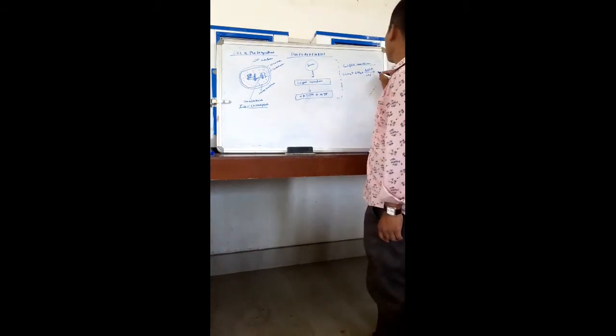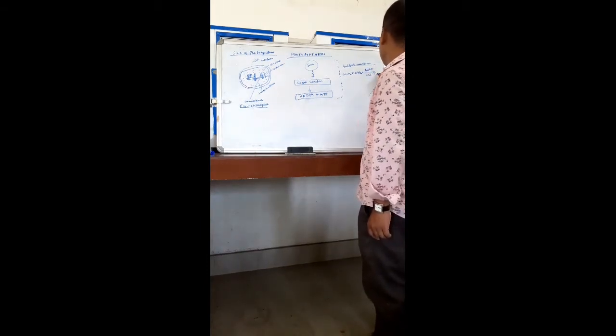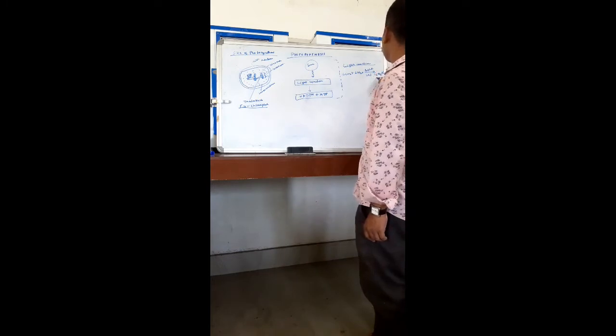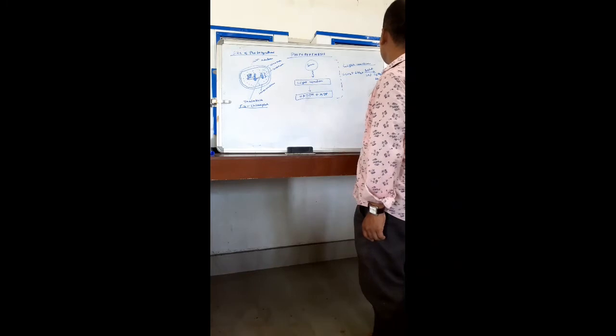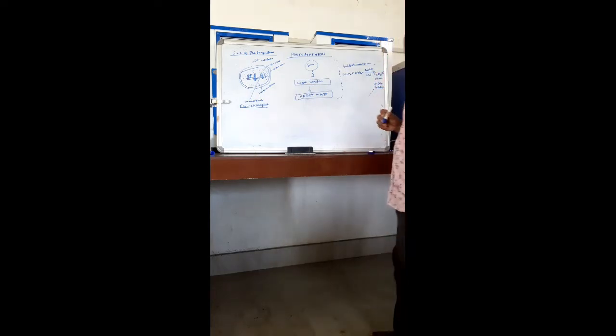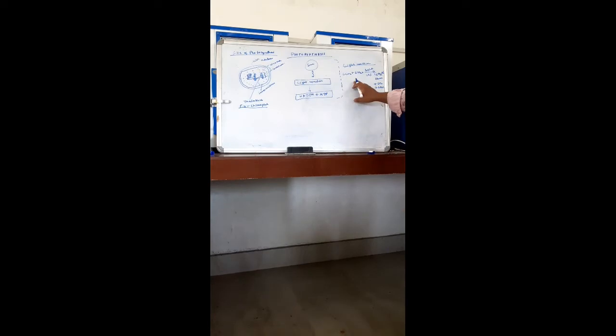It produces C6H12O6, that is glucose, plus 6 molecules of oxygen and 6 molecules of water. So this is the general equation for the light reaction.